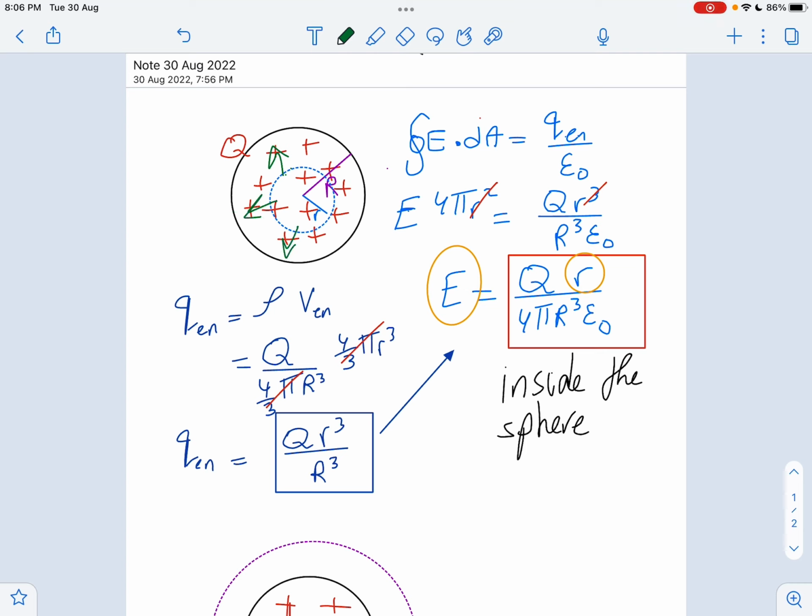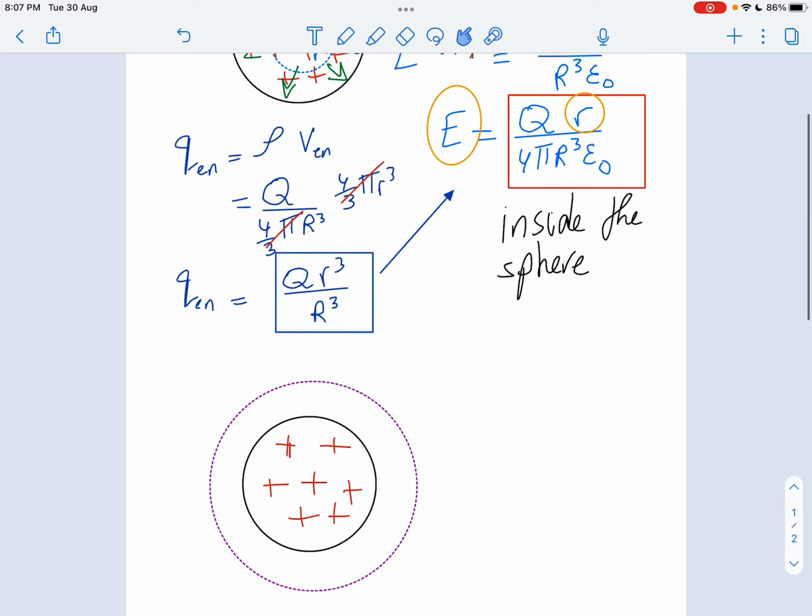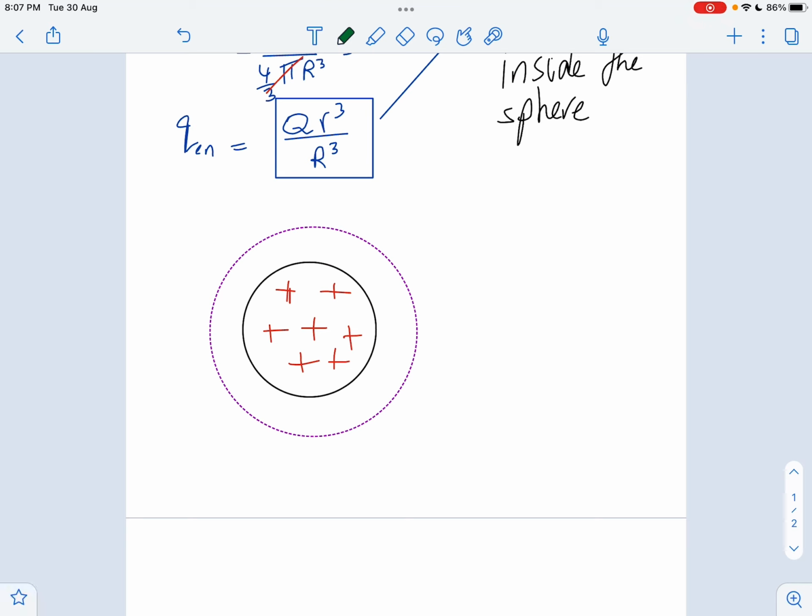That's the electric field inside the sphere. Now outside the sphere, again, this electric field will be directed radially outwards. That's the electric field, and we use again Gauss's law.